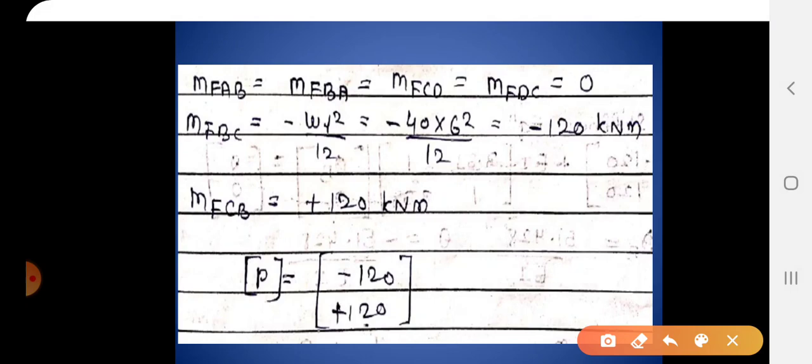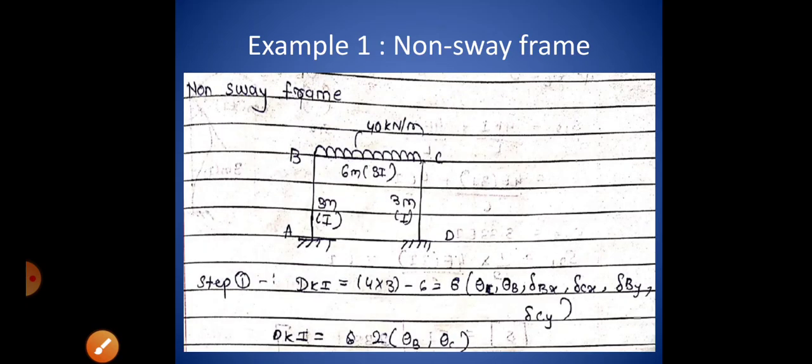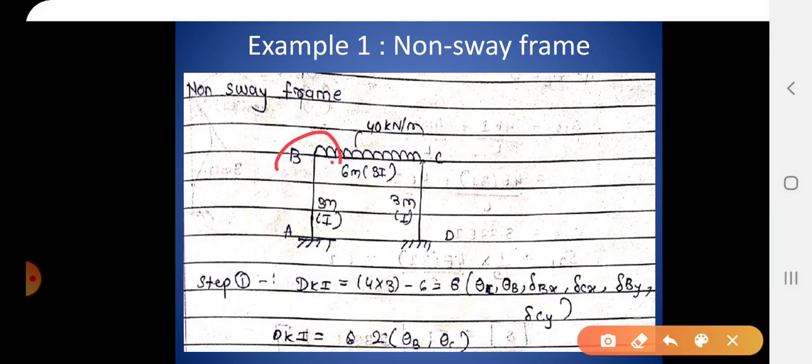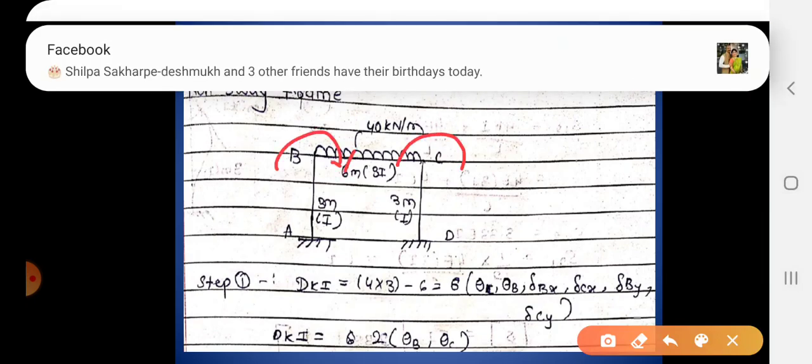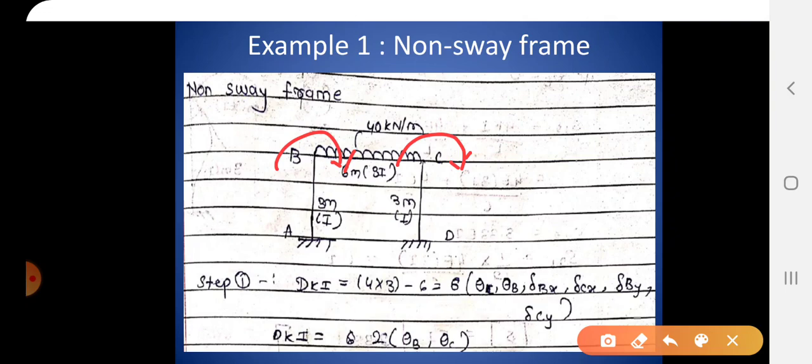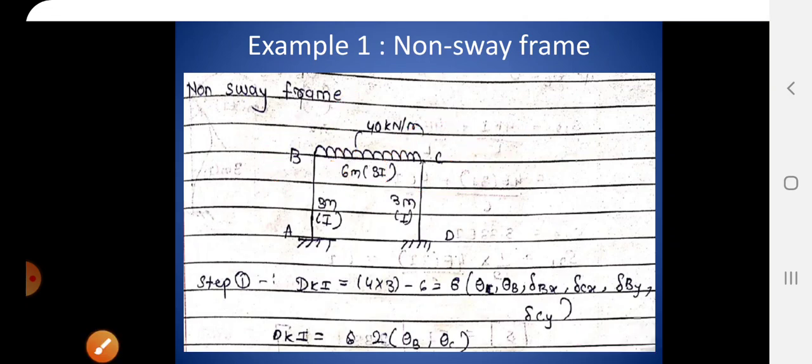Okay. Now go to step 1. Step 1 is to generate the stiffness matrix. We have already seen that our first unknown is theta B and second unknown is theta C. The corresponding action of theta B is moment at B and the corresponding action of theta C is moment at C. Therefore moment at B will be P1 and moment at C will be P2.